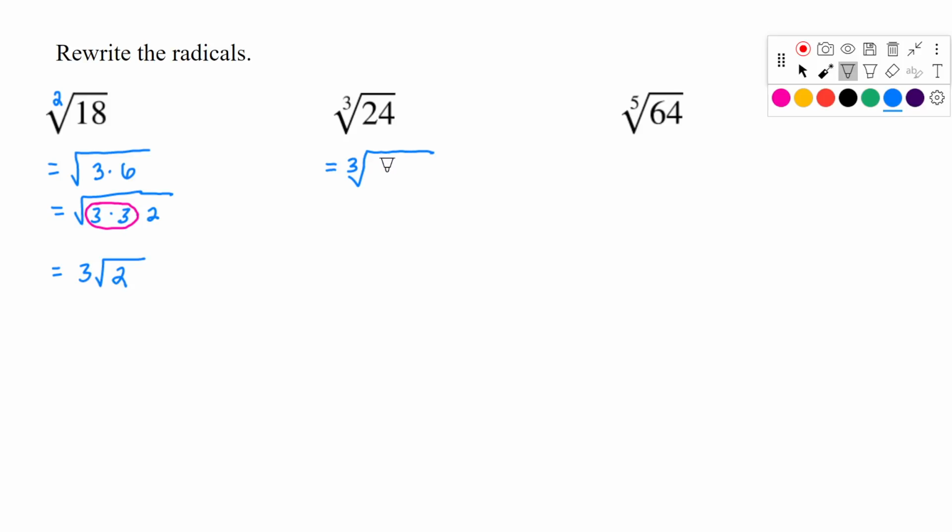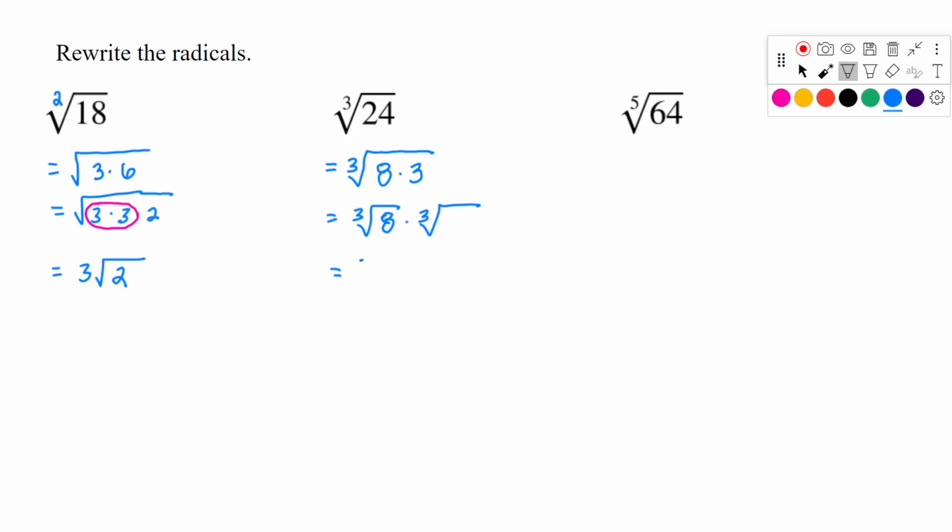I know 8 times 3 will give me 24. I can break this up as the cube root of 8 times the cube root of 3, because I know that 8 is equal to 2 times 2 times 2.